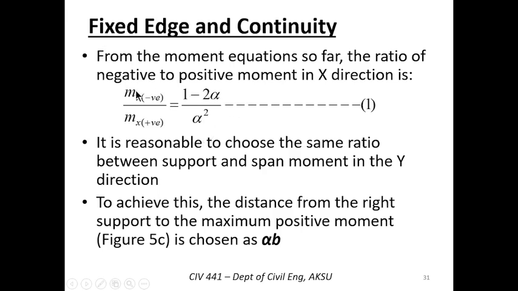The ratio of the support moment to span moment equals 1 minus 2 alpha all over alpha squared. This equation is usually used to solve for the value of alpha. It is reasonable to choose the same ratio between the support and span moment in both the y direction and x direction. So I've mentioned this alpha B.